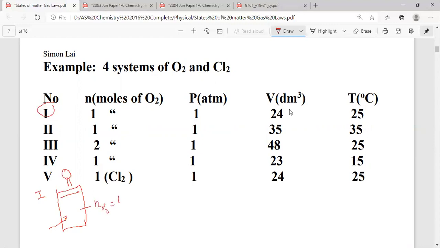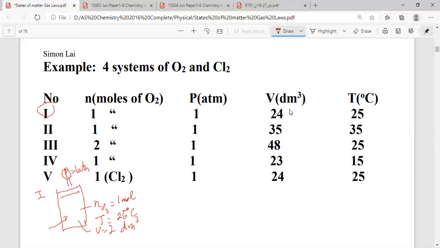The temperature of this experiment is held constant at 25 degrees centigrade. In this case, if the pressure is 1 atmosphere, the volume is equal to 24 dm³, for 1 mole. So if I increase the pressure, the volume will decrease.